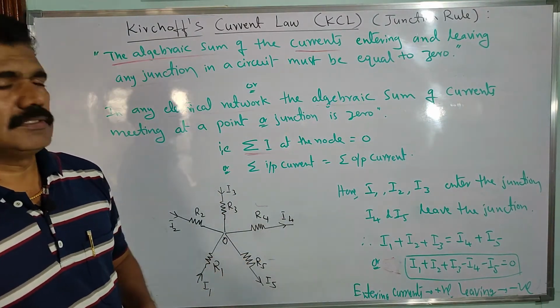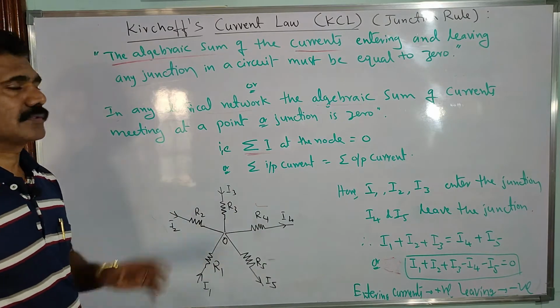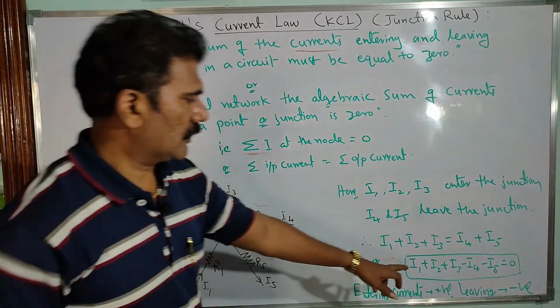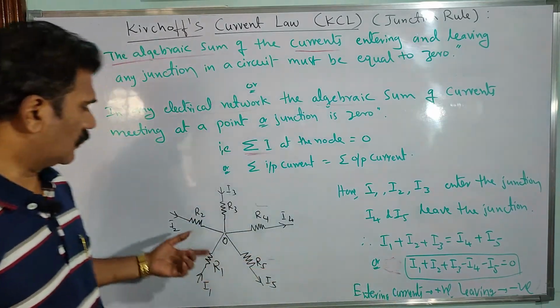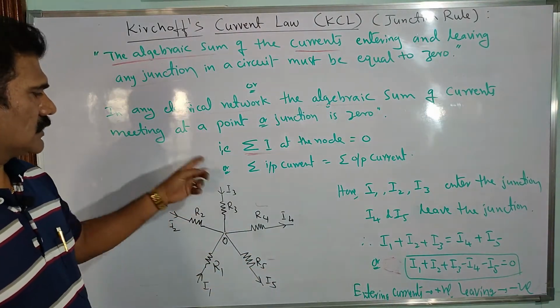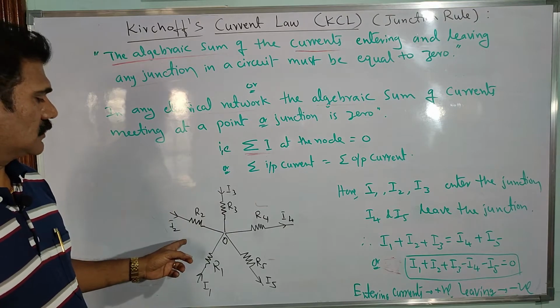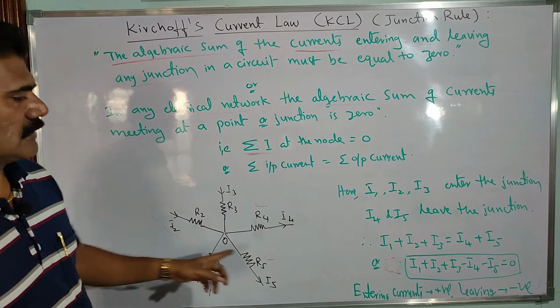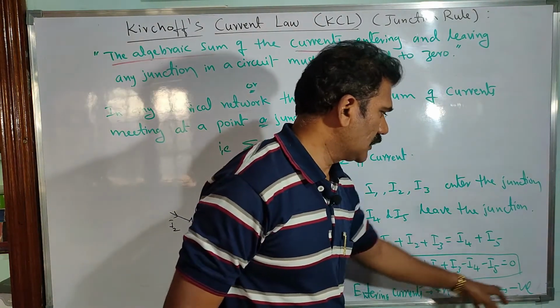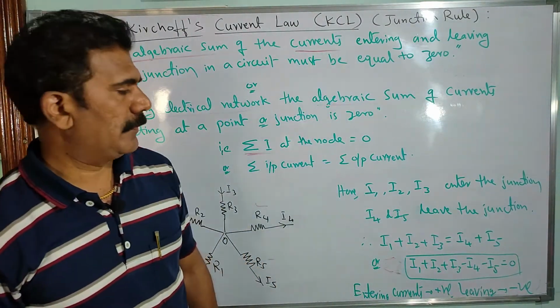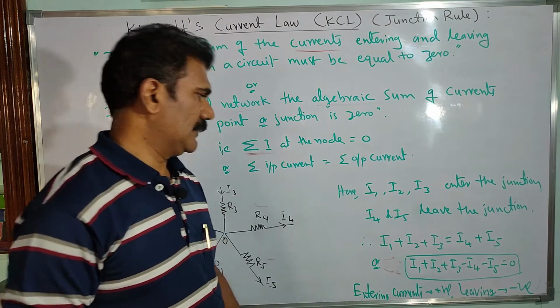That is the statement of Kirchhoff's current law. You have to consider positive signs always for any currents entering the node, the symbolic representation in terms of maths is plus, whereas the currents leaving the node are negative. Mathematical convention, I can say. Clear?